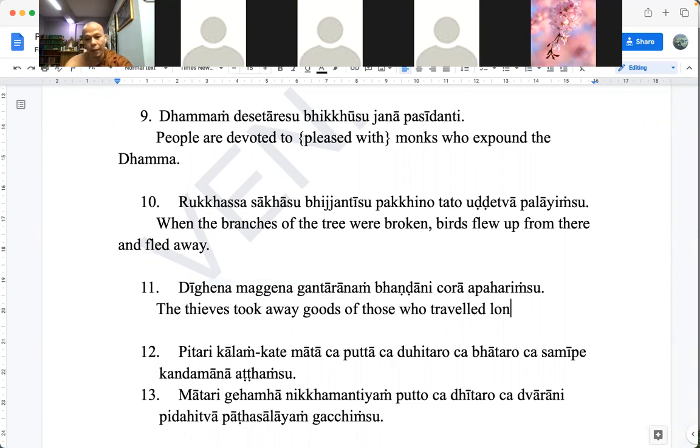And then Digina Megina means long journey. So the thieves took away goods of those who travel long journey. Okay, so in this way.